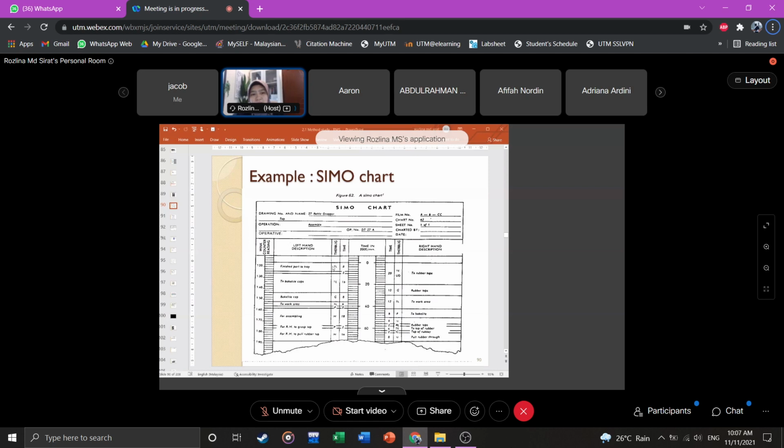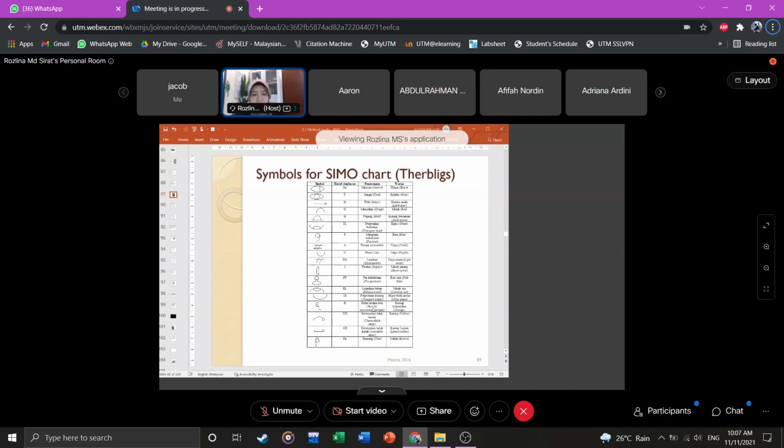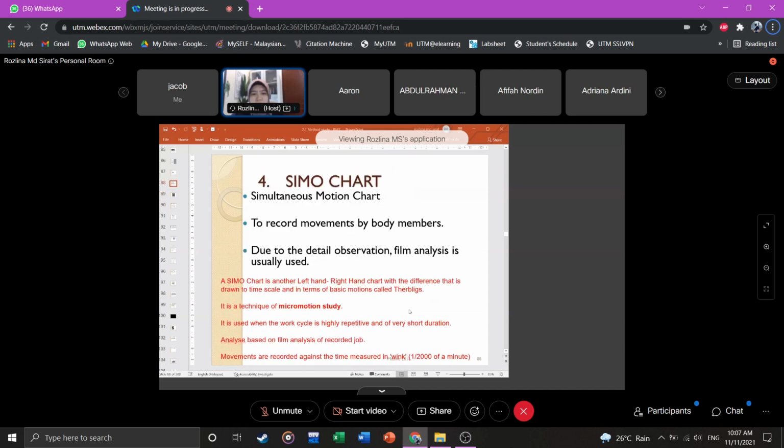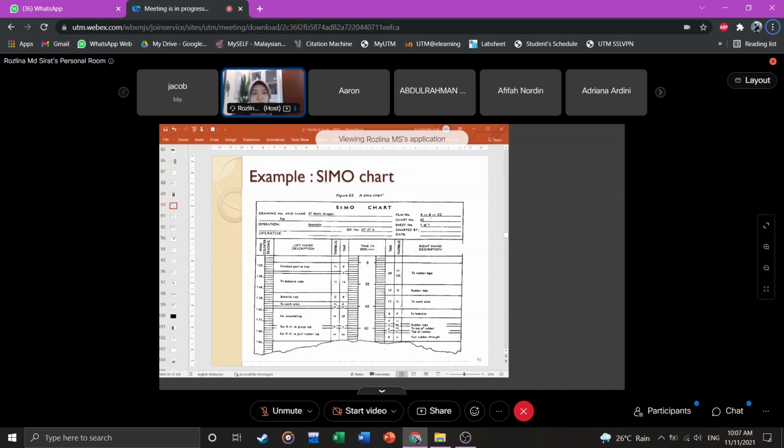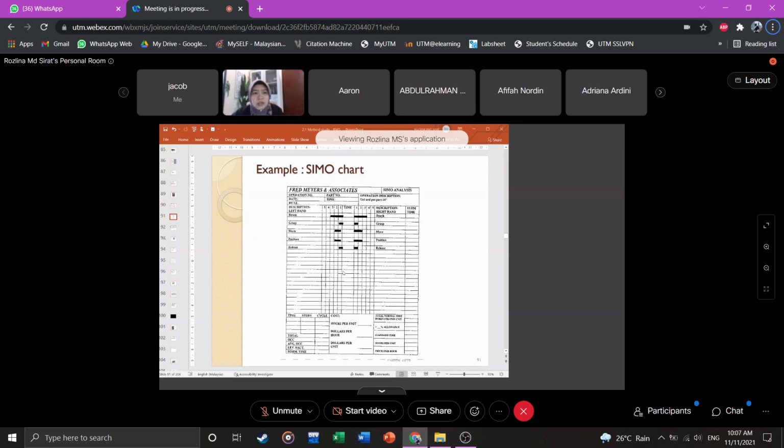You can identify the difference: only the Therblig time, 1 over 2000 of a minute. Okay, this is another example, but a very simple one.